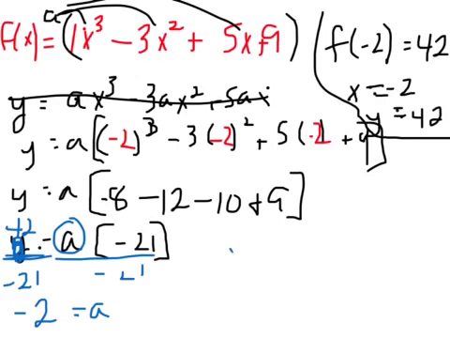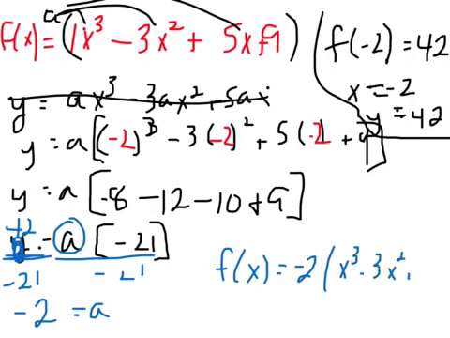What does that mean? That means my function did have a constant out front. It was negative 2 times x cubed minus 3x squared plus 5x plus 9, which is running off the iPad here, so you're probably not going to be able to read it. Let me come over here and start a little further over.